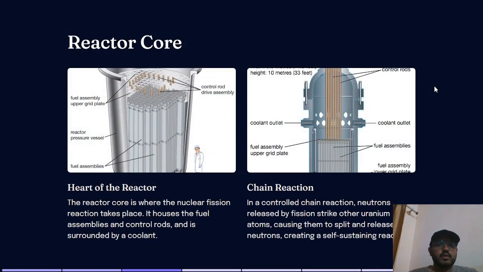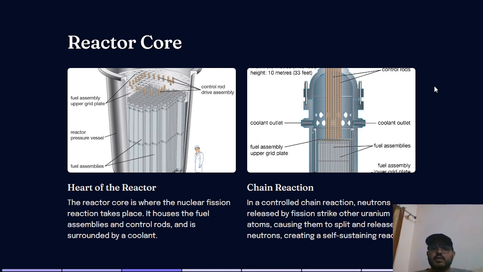Nuclear core. The reactor core, the heart of a reactor, and the chain reaction. The reactor core is where the nuclear fission reaction takes place. It houses the fuel assemblies and control rods and is surrounded by a coolant.